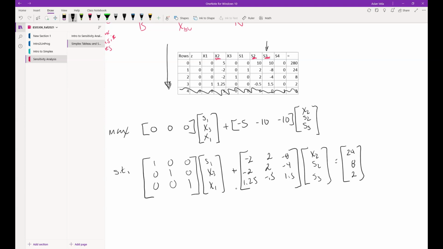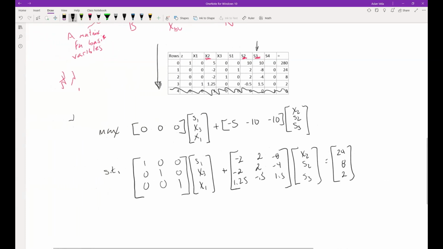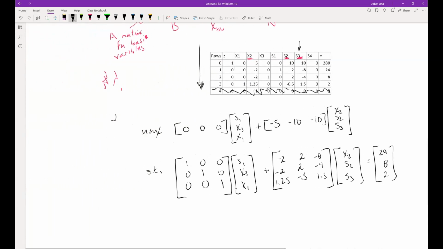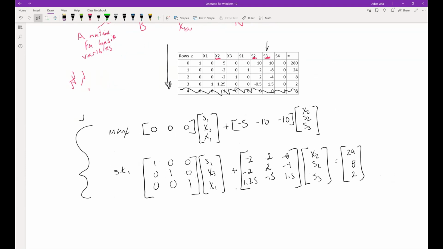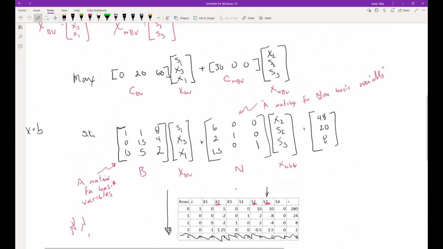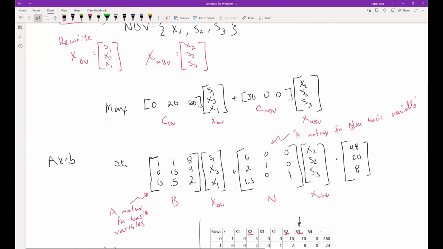All right, so the interesting part, or not so interesting, I mean, it makes sense, is that if you were to optimize this, which it's already optimized in some way, because we know S1, X3, and X1 is equal to 24, 8, and 2, because it's the solved simplex table, that will actually be the same solution to this problem here.